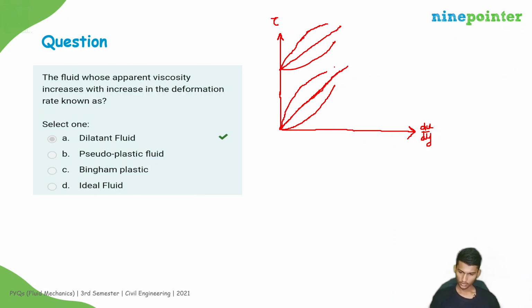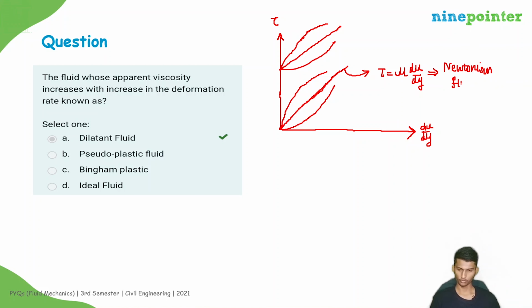If you see, this has tau equals mu into du by dy, right? So this is a Newtonian fluid. In fluid mechanics, we generally assume fluid as Newtonian.